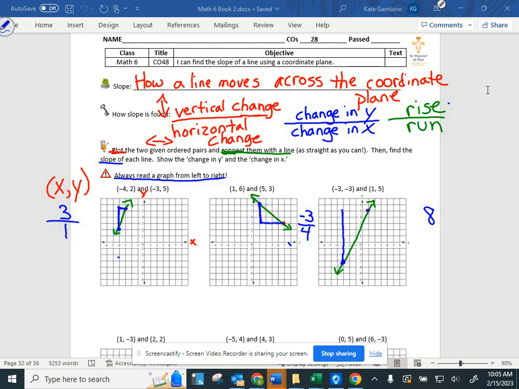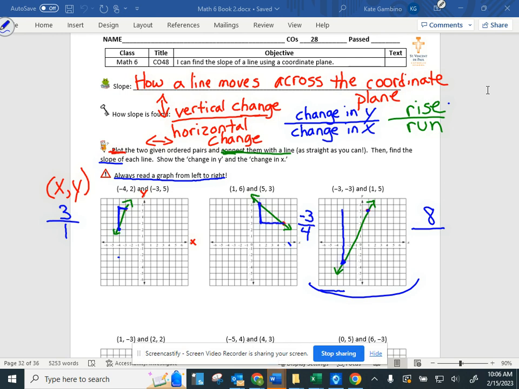Oh, because the -3 is the first one on the left. Because it's the farthest dot on the left. We read from left to right. So you look at your graph, and you start at which dot you hit first, reading from left to right. That makes sense? So I have to finish my slope.